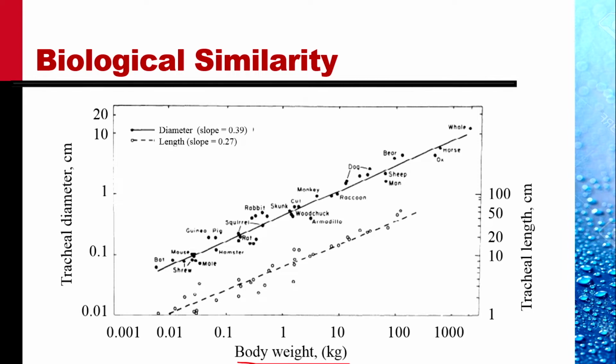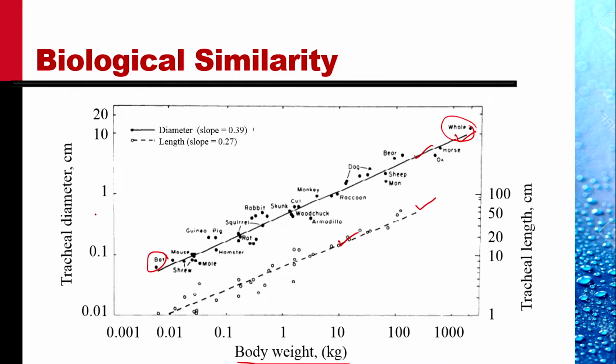And we see, very interestingly, that for almost all animals, starting from bat to whale, the points lie almost on the same line. This is for the diameter of the trachea and this is for the length of the trachea.